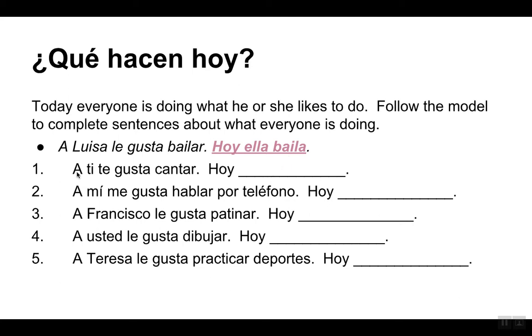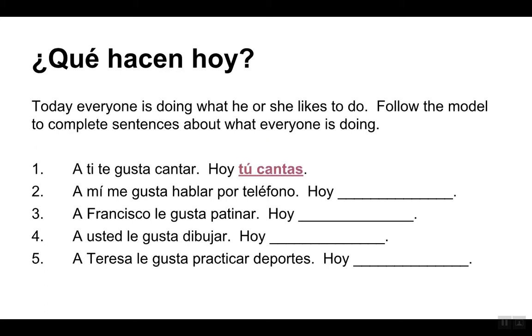Let's try number 1. A ti, to you, te gusta cantar. You like to sing. Hoy, you're going to use the subject pronoun for you, tú, and then you're going to take cantar, take off AR, and plug in the present tense AR verb ending for tú, which is second person singular, and that gives you tú cantas.